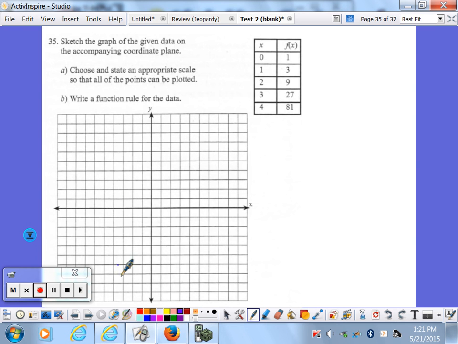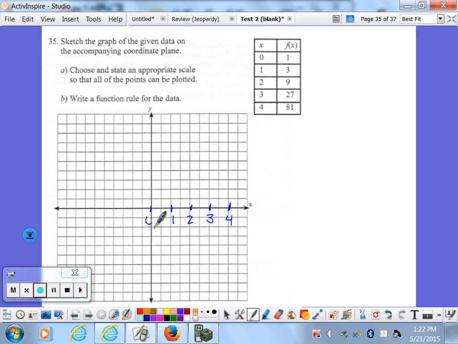Number 35, sketch the graph of the given data on the accompanying coordinate plane. Choose and state an appropriate scale so that all the points can be plotted. So if I look at my x values, I just need to go to 4. So again, I'm going to skip every other box just to stretch out my graph. Okay, we know the origin is here.